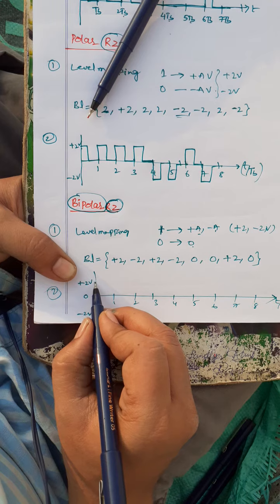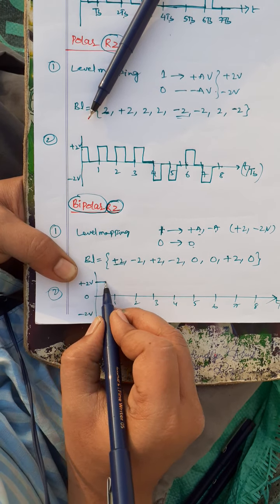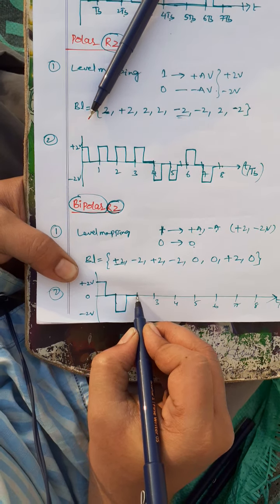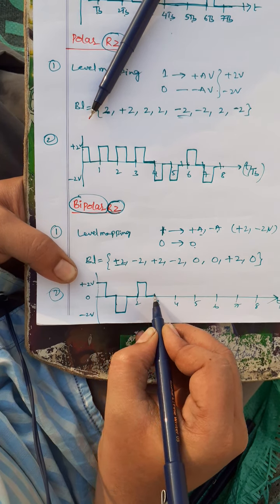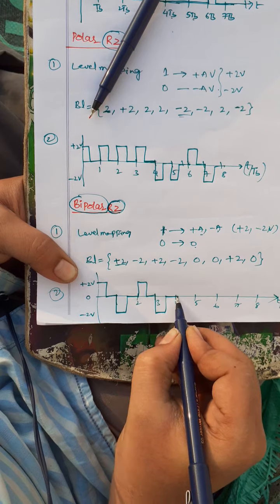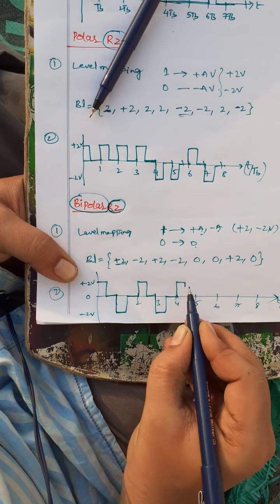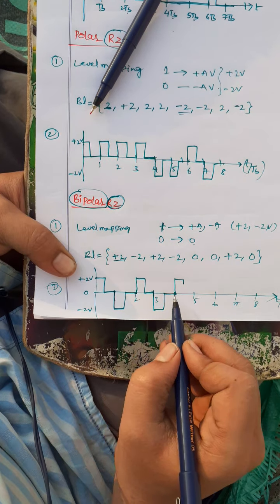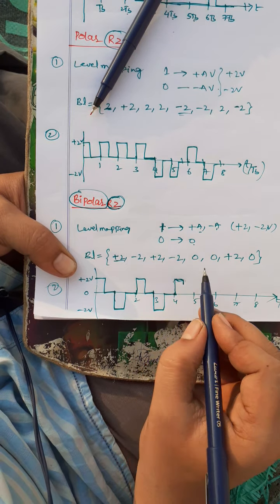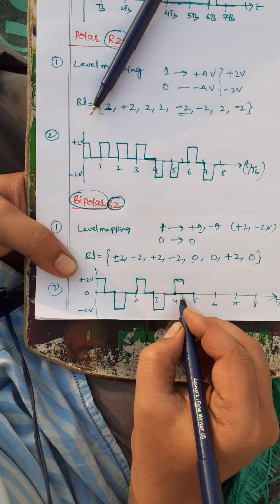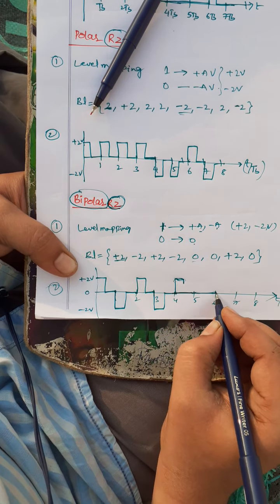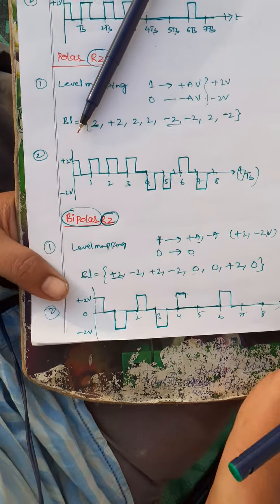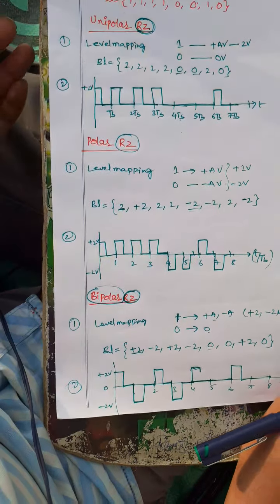So first plus 2, next one minus 2, plus 2, minus 2, plus 2. So after the first, second, third, fourth are completed, after the fifth duration it is zeros. Yes, 0, 0, then again plus 2, 0. Right? This is bipolar RZ code.